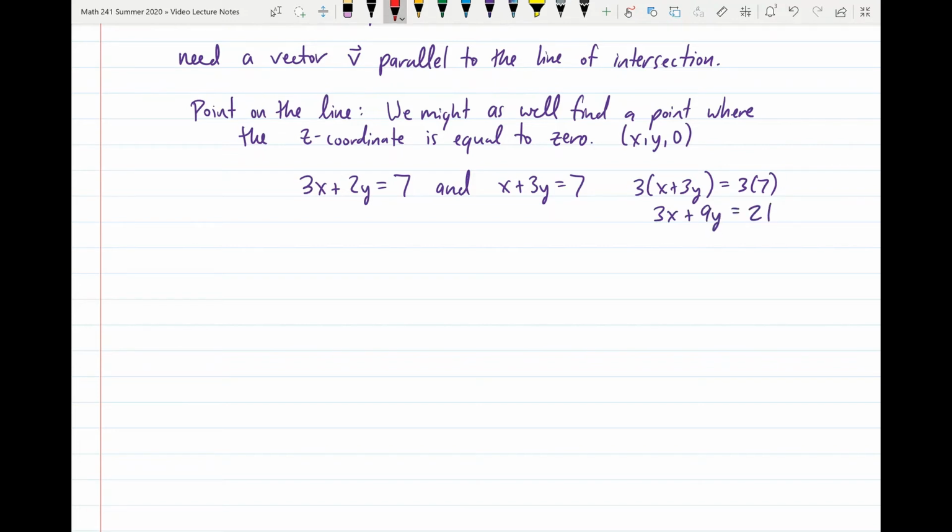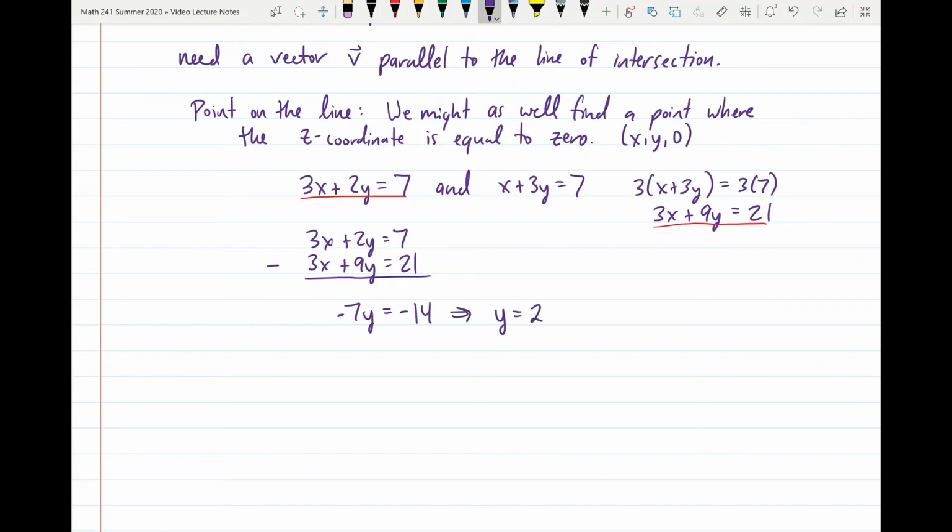And now I can subtract this equation from this equation, and that will allow us to cancel out the x's. So 3x plus 2y is equal to 7 minus the equation 3x plus 9y is equal to 21 is going to give us negative 7y is equal to negative 14, which implies that y is equal to 2.